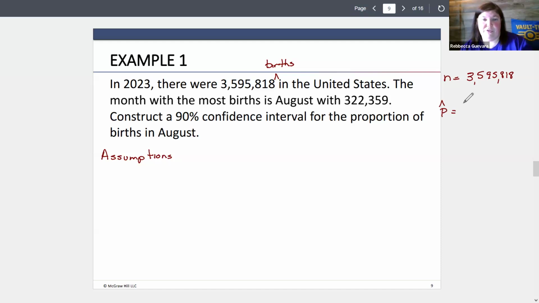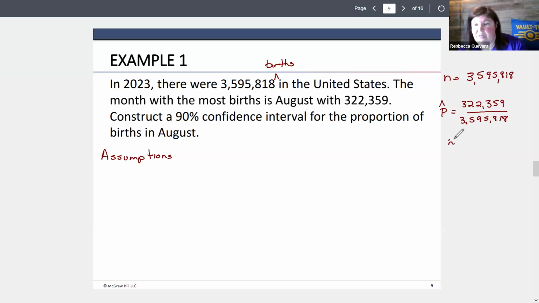We're looking for the proportion of births in August, and we have the number of births in August. So I just need to take the number of births in August and divide by the total number of births. 322,359 divided by 3,595,818.